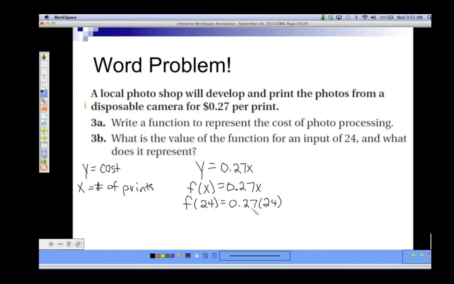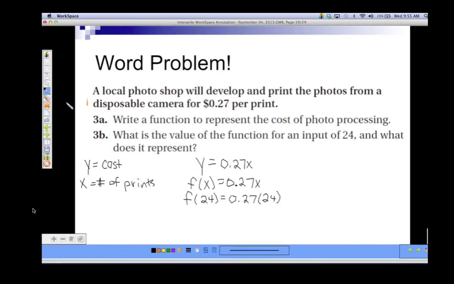So plugging that in, we discover that it is going to cost us $6.48. So f of 24 is $6.48.